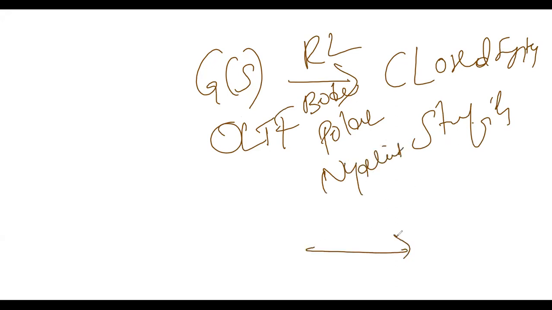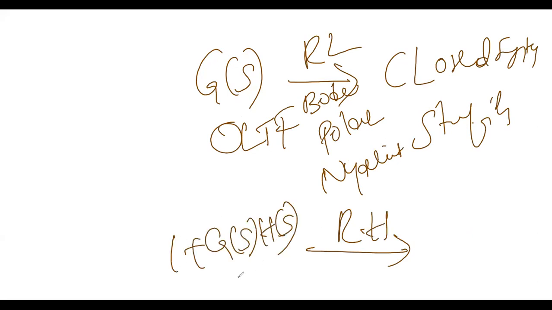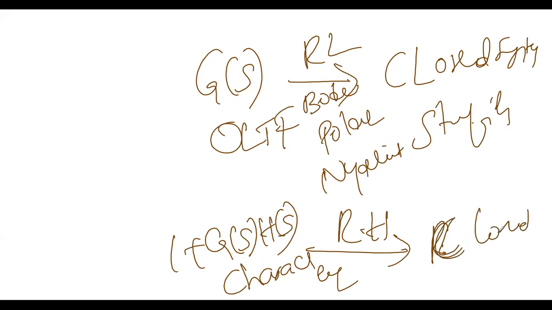But for RH criteria, we need the characteristic equation to find closed loop system stability.